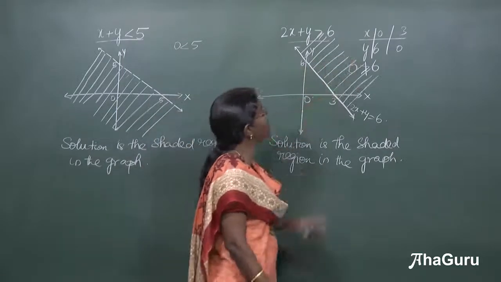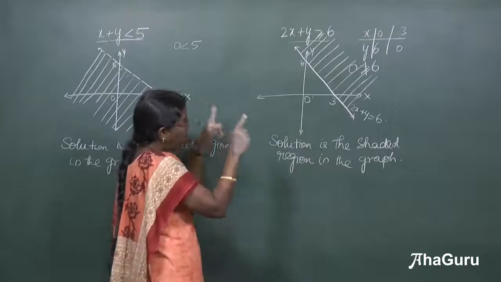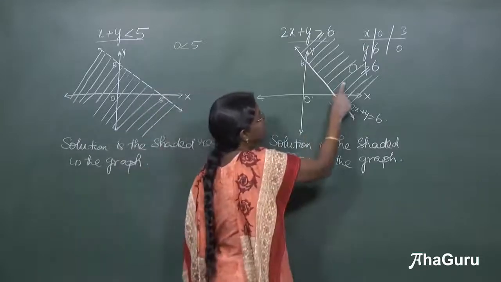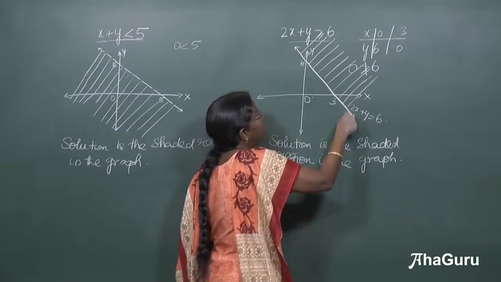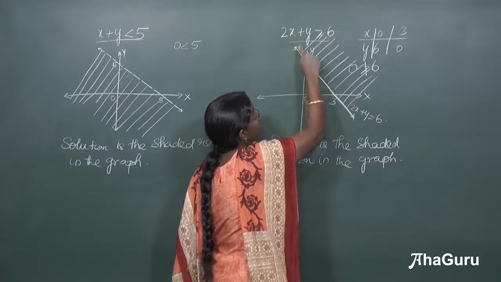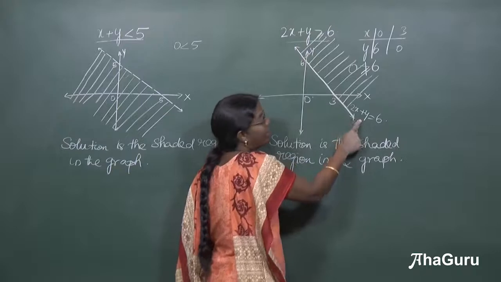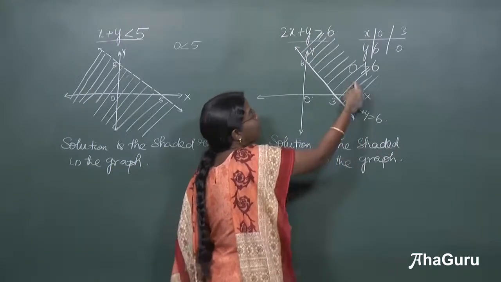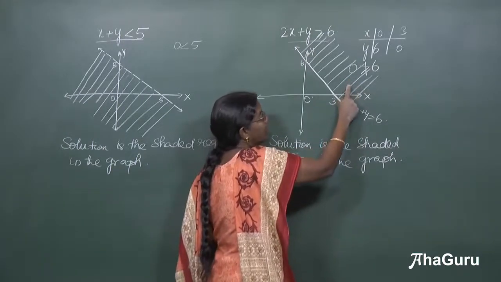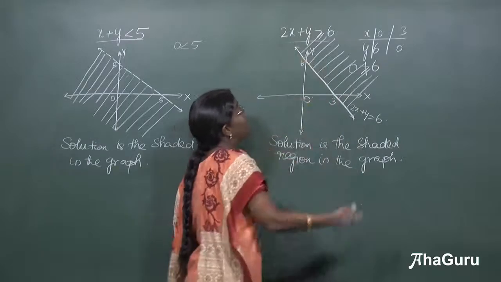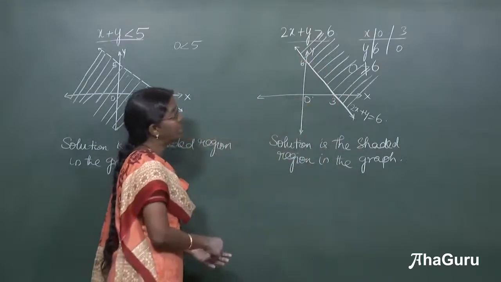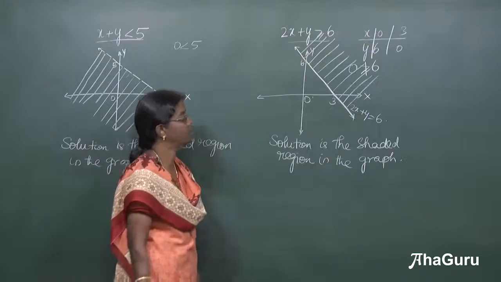All pairs x comma y in this region will satisfy the inequality. Of course, all the points x comma y on the line will satisfy the equality. Every point in this region will satisfy the inequality 2x plus y is strictly greater than 6.